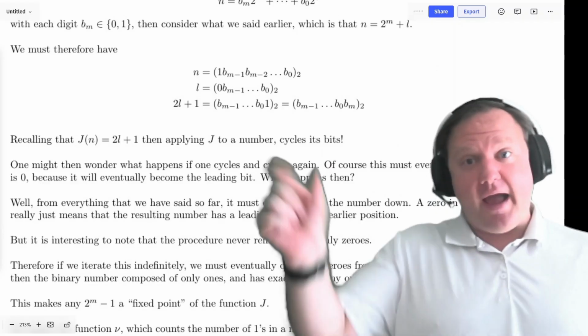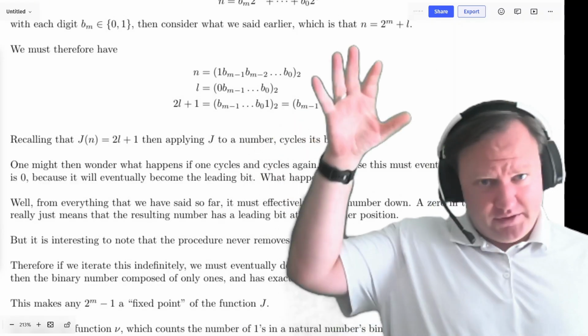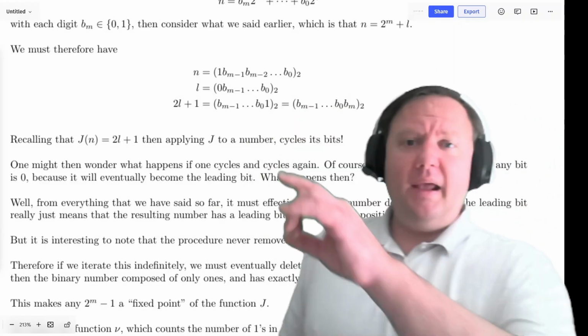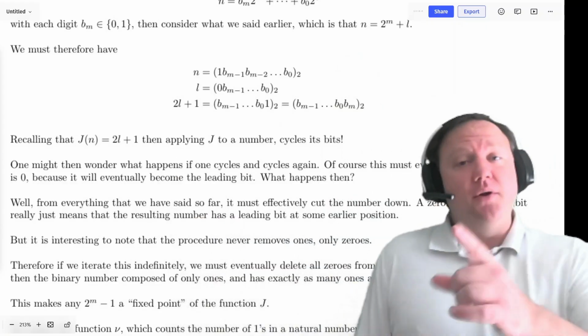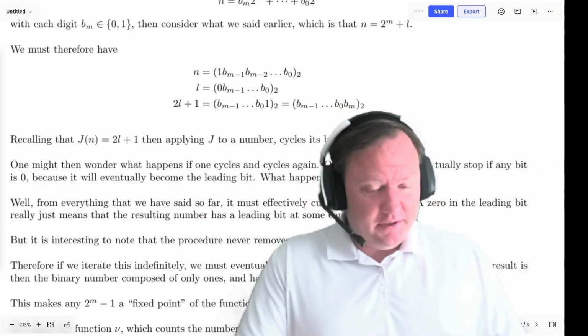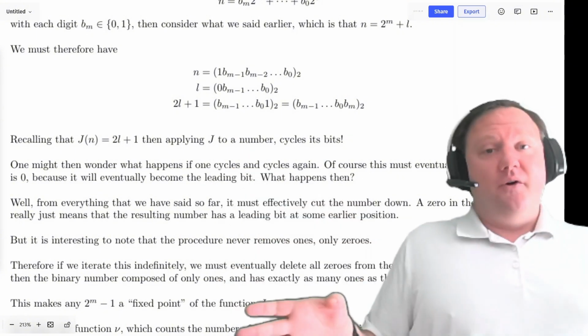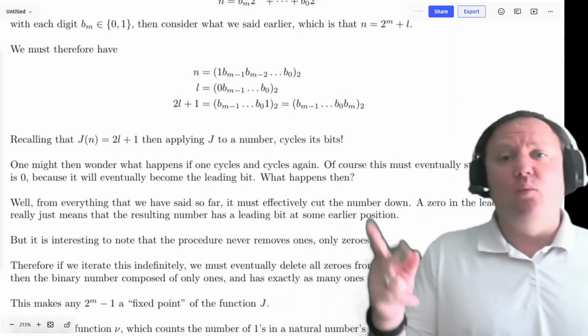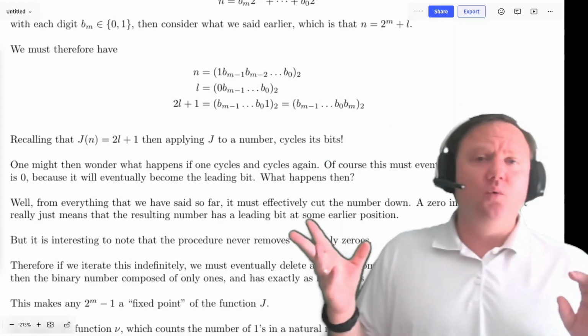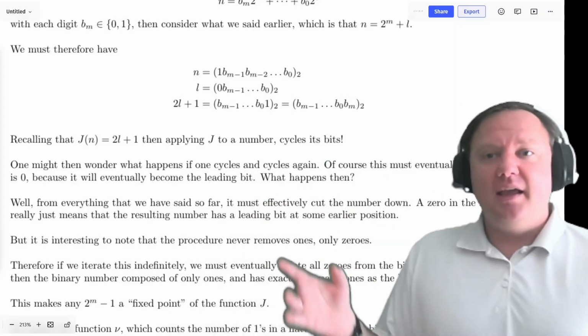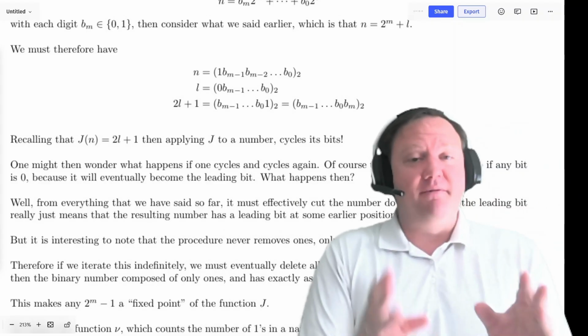It drops away. However many zeros are on the leftmost edge, they all drop away at the same moment, and then the number gets cut down again. But notice we keep losing zeros, and we will always lose every 0 at some point, but we never lose a 1. And so what this basically means is that we will eventually reach a fixed point.